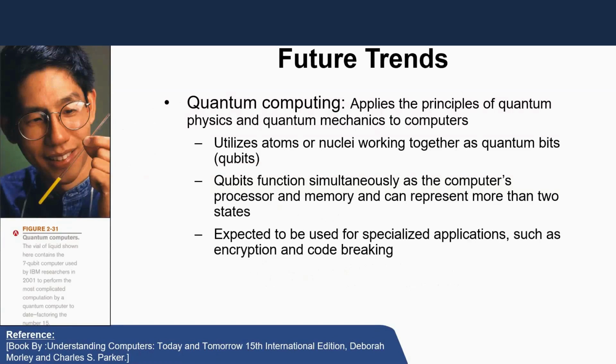We already know that a transistor can represent two states, 0 and 1, on and off, so a single bit can have a zero or one state. But quantum bits, or qubits, can be represented by more than two states, because these are different energy levels, and different energy levels can have different states. So with the arrival of quantum computing, we will have much faster computing than we have right now.